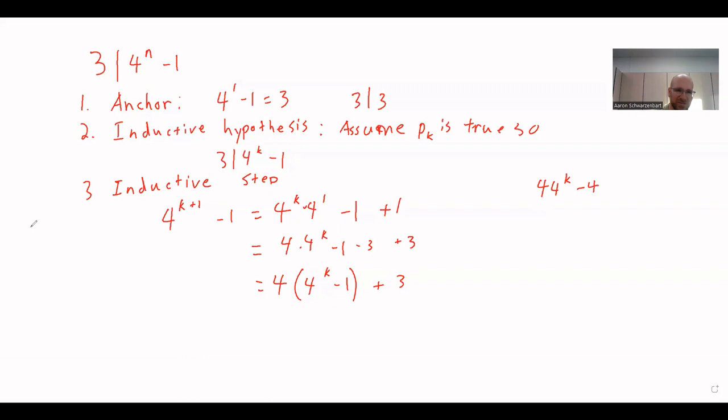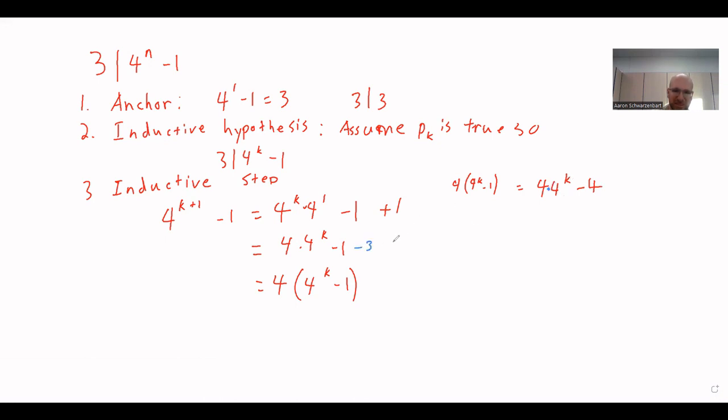Well, let's do that in a different color. That's minus 4. So this is equal to what I'm trying to get, 4 times 4^k minus 4.